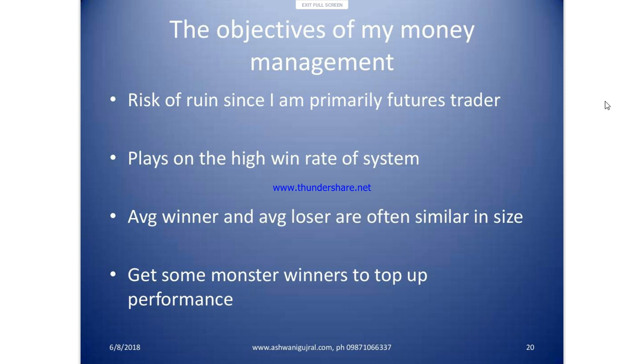So the focus is on the high win rate of the system. Average winner and average loser are often similar in size, because there are monster winners and some winners also. So the idea should be, when the market is kind, you try to make it large. When the market is sideways, you tend to go slow. You can change your volume also when the markets are sideways.